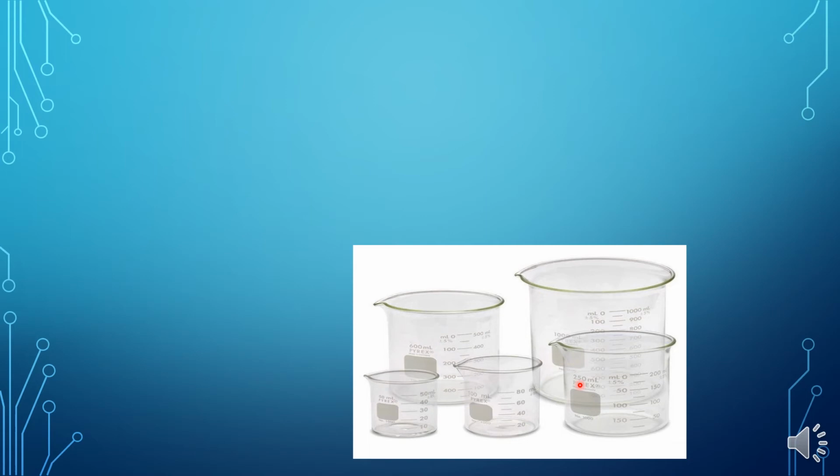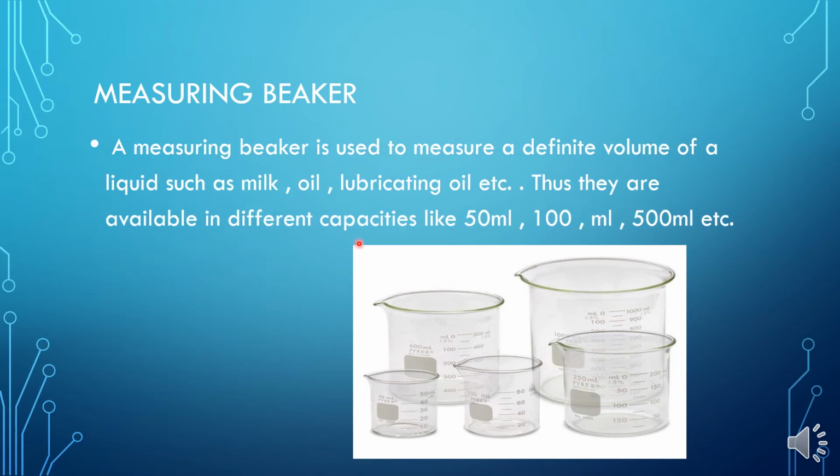If we need 500 ml of milk, he takes out the 500 ml beaker, dips it into his bucket, takes it out and gives it to us. Okay children, so this is the measuring beaker to measure the volume of a liquid. A measuring beaker is used to measure a definite volume of a liquid such as milk, oil, lubricating oil, etc. They are available in different capacities like 50 ml, 100 ml and 500 ml, etc.